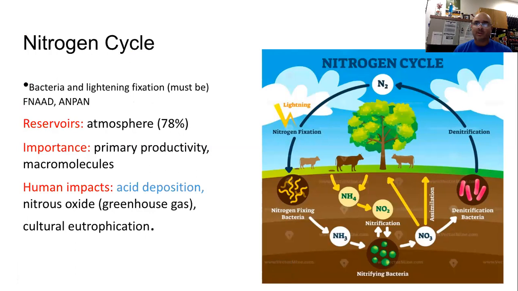It's important in primary productivity. Macromolecules such as nucleic acids and proteins and lipids. And how we can impact it is acid deposition, which is like acid rain, or nitrous oxide, which is a greenhouse gas.